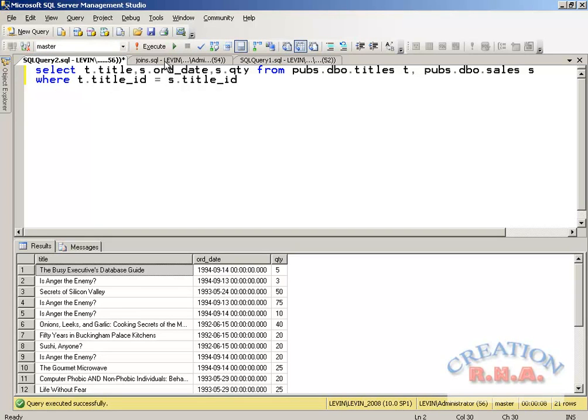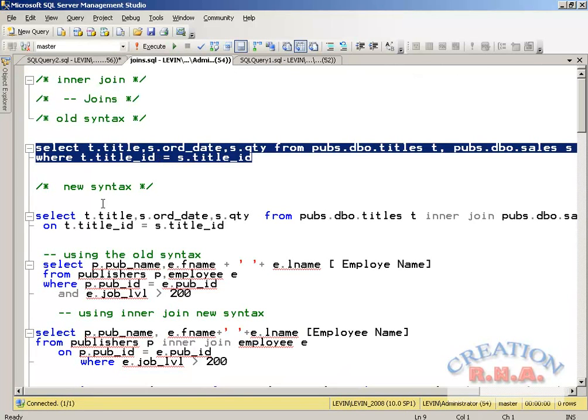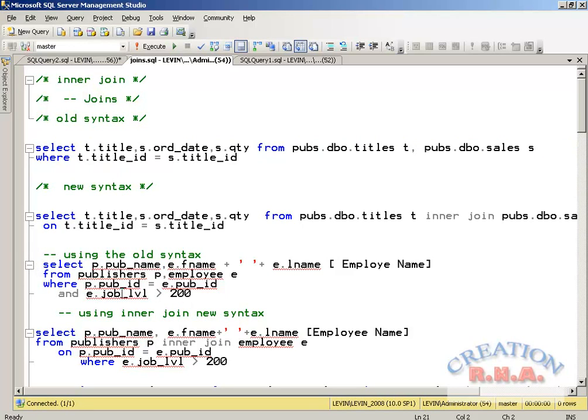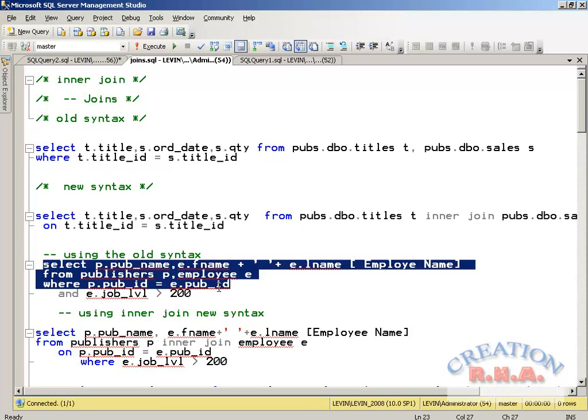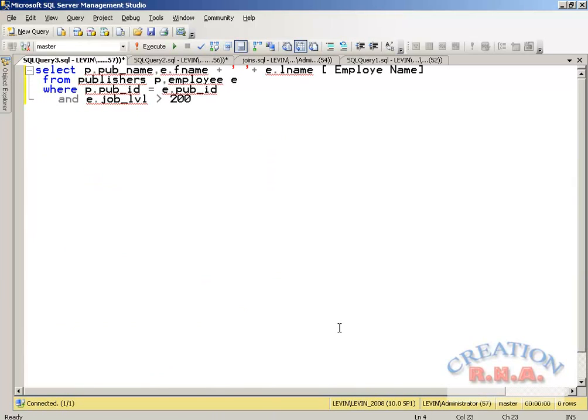Now let's go to the second join example and see what we can do with it. The join actually exists in the where clause.